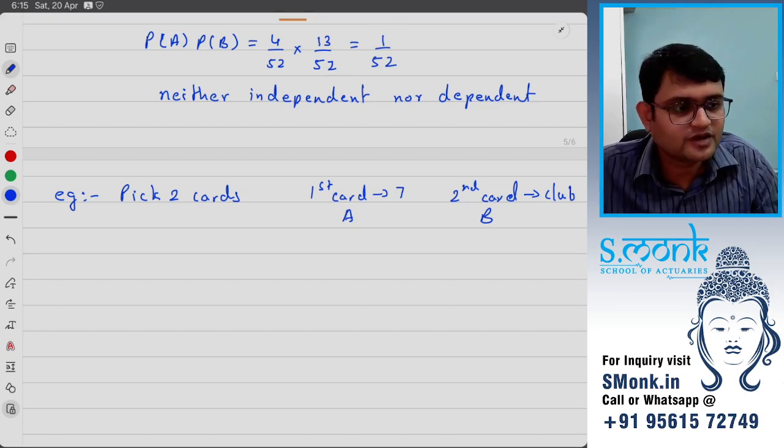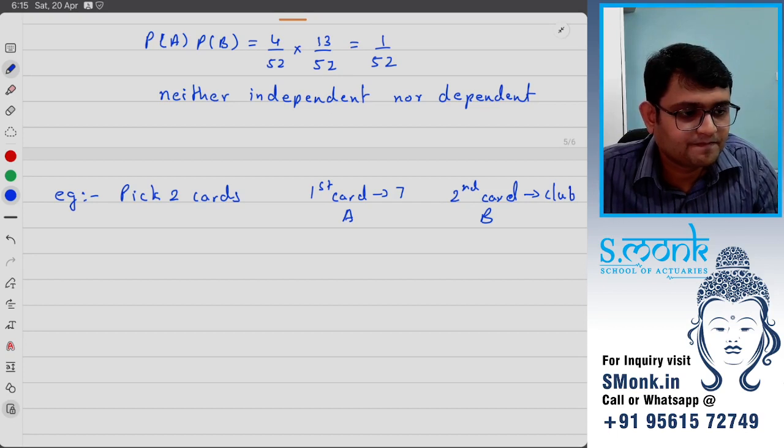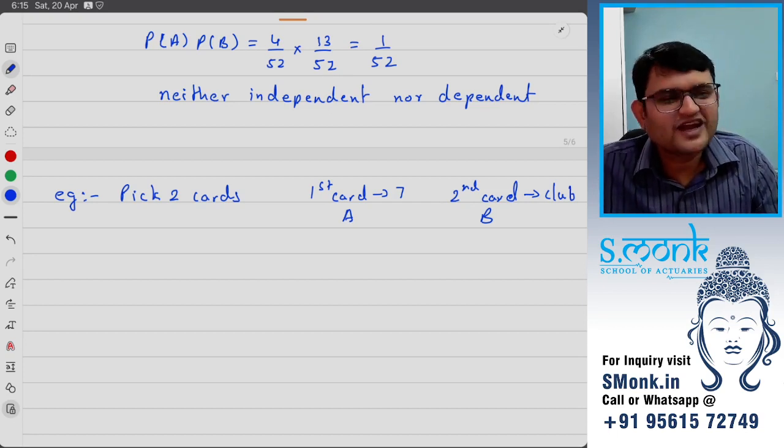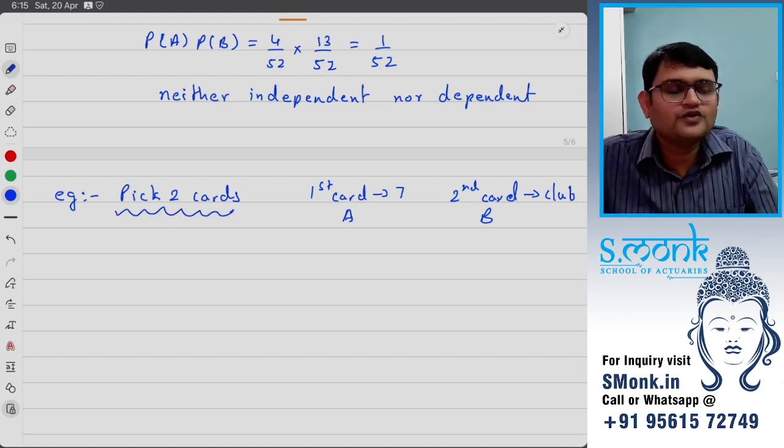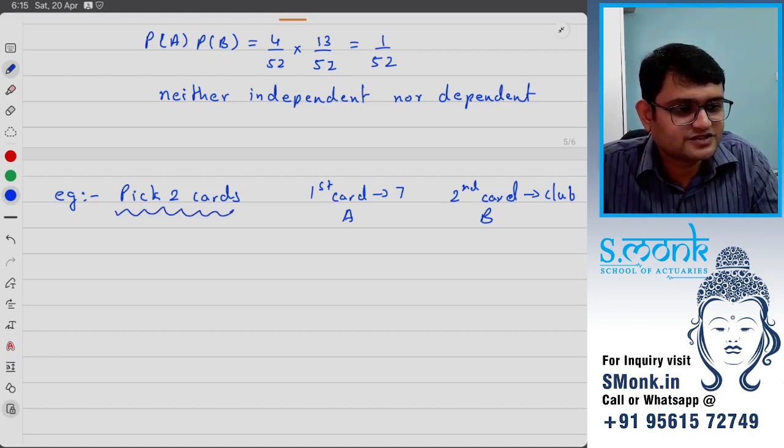Can you tell me? Probably dependent. At least not independent. Again, I tricked you here because it depends on how we are picking these two cards.